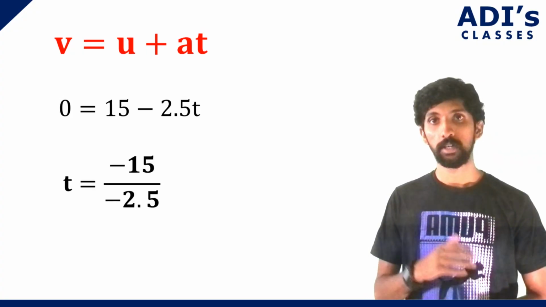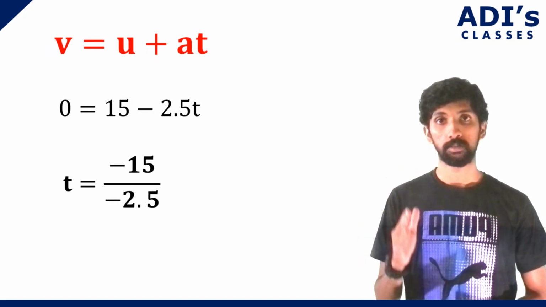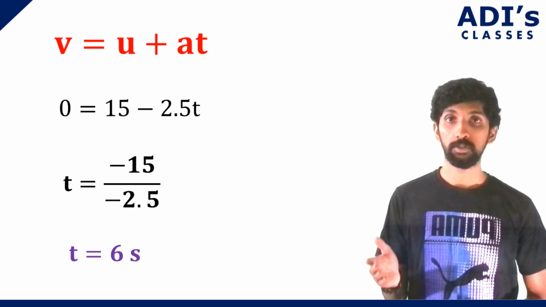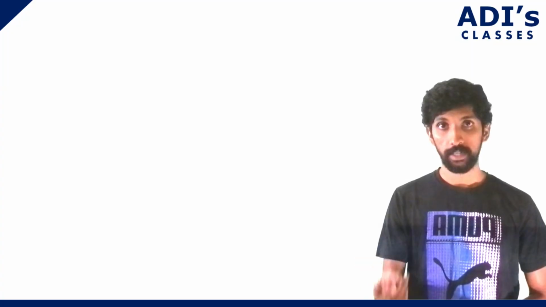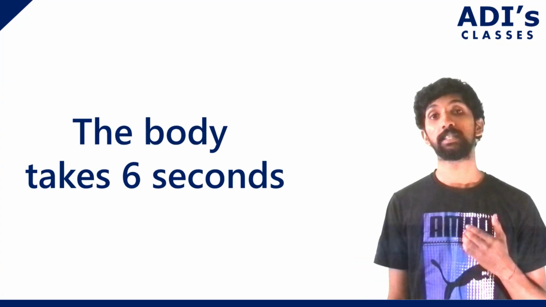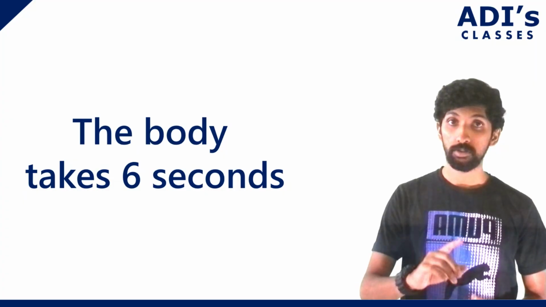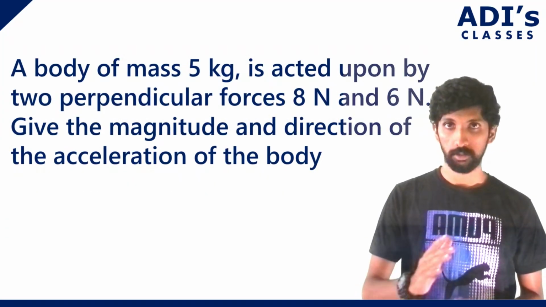So T is equal to minus U by A. That's minus 15 by minus 2.5, which gives you 6 seconds. So a body of 20 kilos with a retarding force of 50 Newton takes 6 seconds to stop. Understood? Fine. Let's go to the next one.